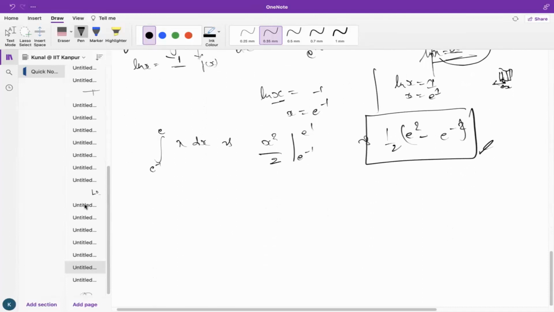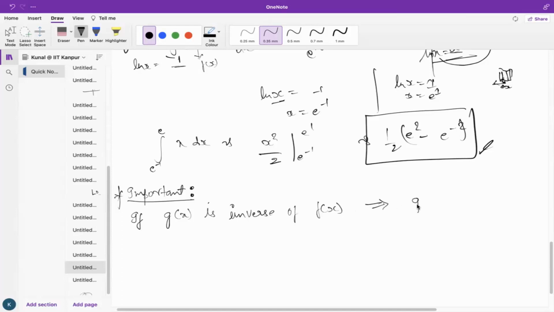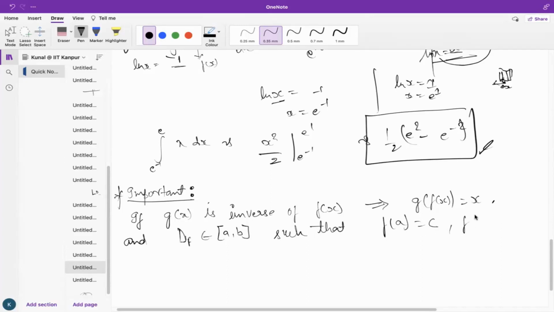Now, there's an important situation here. This is actually important. What is it? If g(x) is the inverse of f(x), that implies g of f(x) is equal to x, right? And the domain of the function lies between a to b such that f(a) is equal to c and f(b) is equal to d.